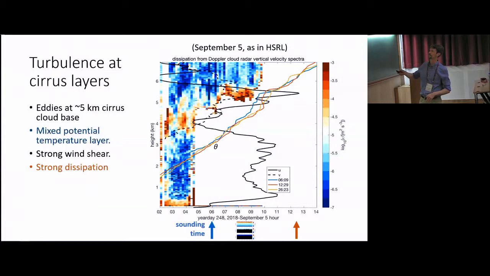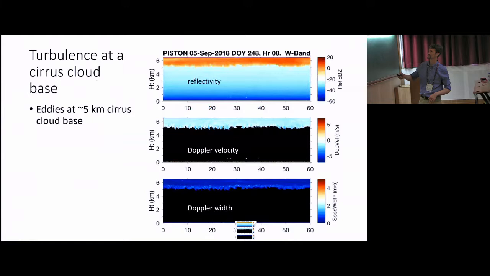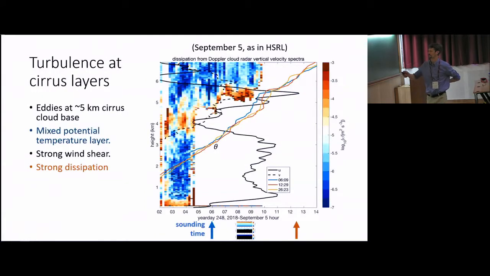And here, there's a cirrus cloud, but there's no reflectivity down here, so we can't calculate the dissipation. But this is the spot that I just showed a picture of right here, and you can see there's this strong dissipation at the base of the cloud.